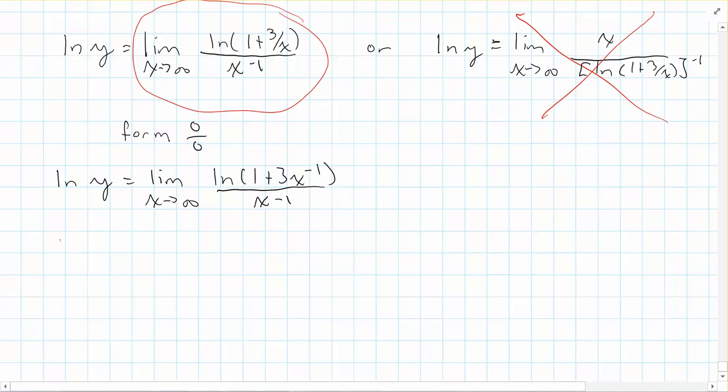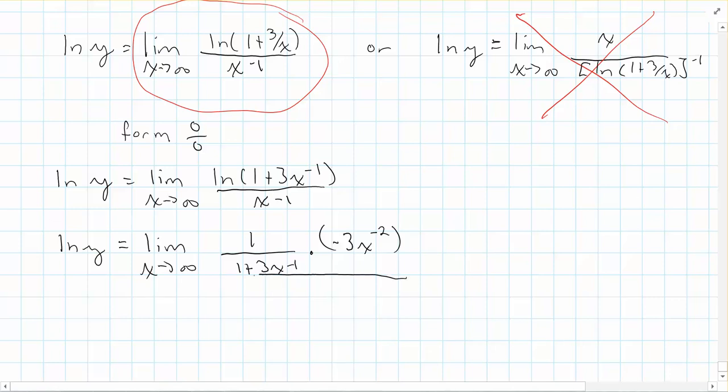So then, natural log of y, using L'Hopital's rule now, this would be, I'm going to write it fairly large, 1 over 1 plus 3x to the minus 1 times negative 3x to the negative 2, all over negative x to the negative 2 power.